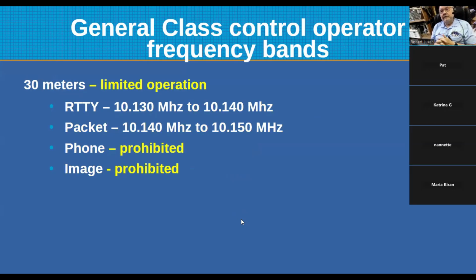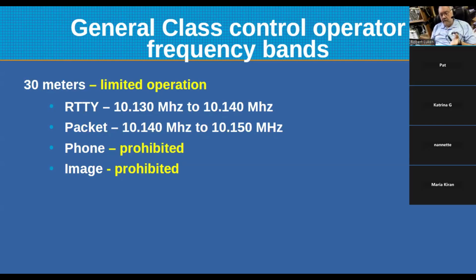Okay, 30 meters is a strange one, not as strange as 60, where you have limited operation. Basically, you can do data, RTTY and packet, FT8, FT4, those modes. You cannot do phone or image.